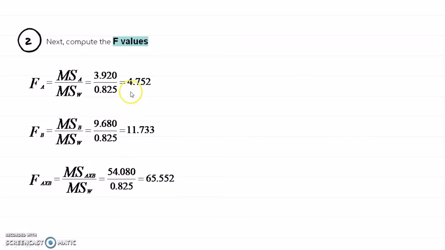Okay, so kita akan dapat jawapannya 4.752. Okay, next, untuk FB, formulanya adalah mean square B divide by mean square W. So, sama juga kita ambil value tadi, 9.680 divide by 0.825.